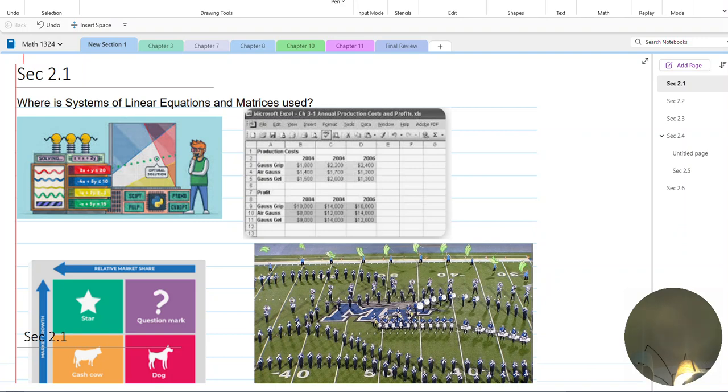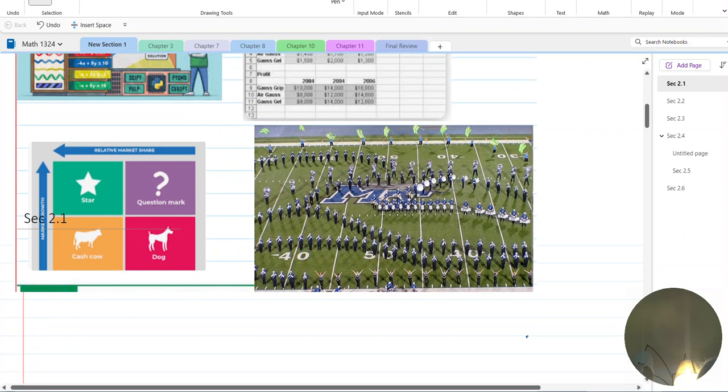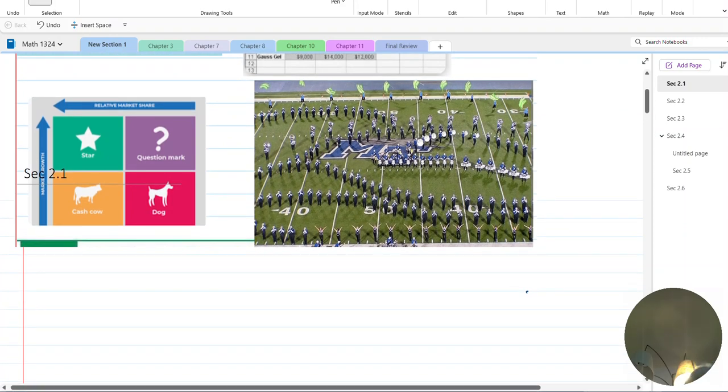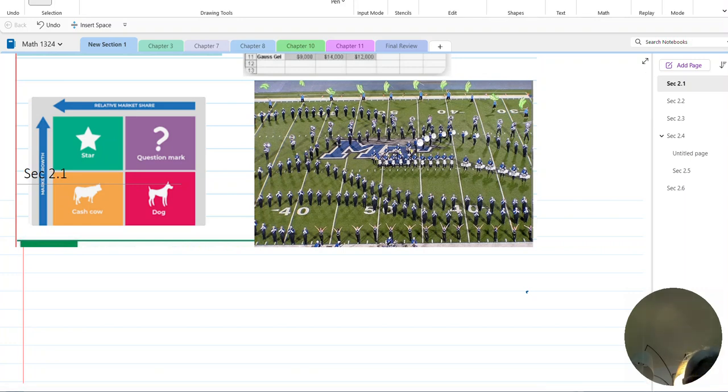In production, we always look for optimization. In making an Excel sheet, we're looking at profitability or production as well. And then we even have a band. A band is unique linear functions that work in tandem with each other to create a design or a picture in that process of marching.